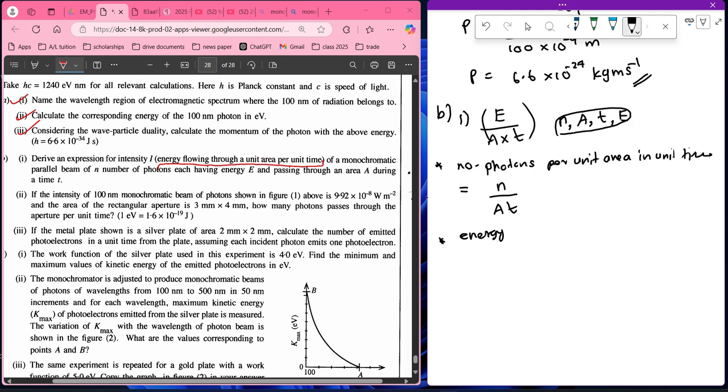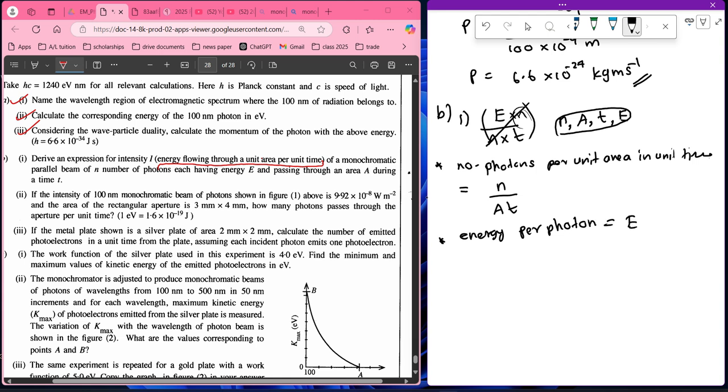Anyhow, there should be n here, right? Because there's n number of photons. So let's see about that. So the energy per photon, that means for one photon, is E.